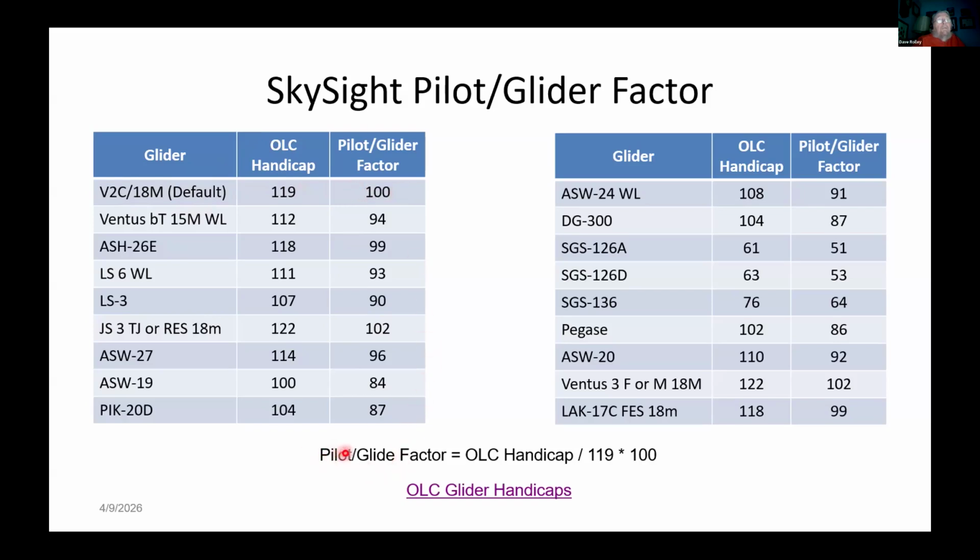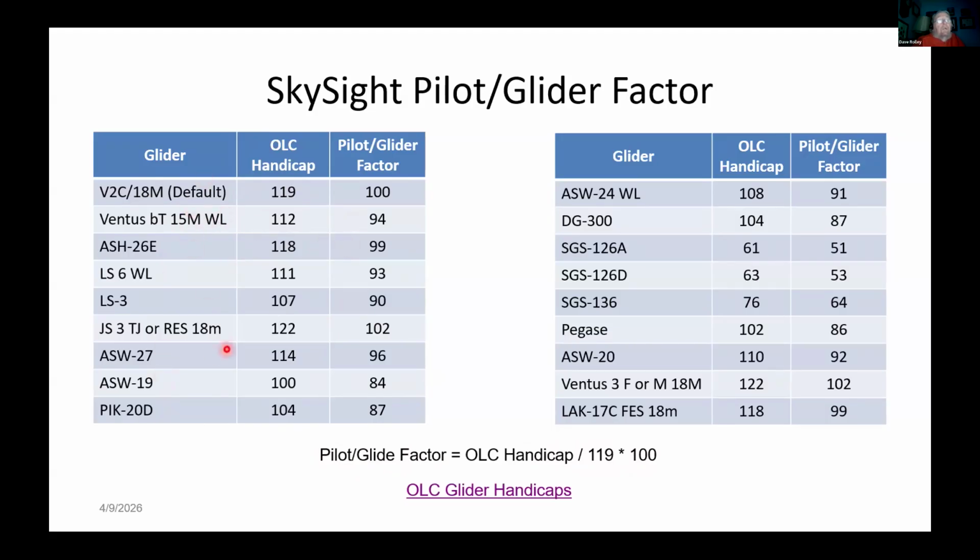To compute your pilot factor, take the OLC handicap for your plane, divide it by 119, multiply it by 100. My Ventus had a handicap of 112, so its pilot factor is 94. My ASH 26 has an OLC handicap of 118, so its pilot factor is 99.